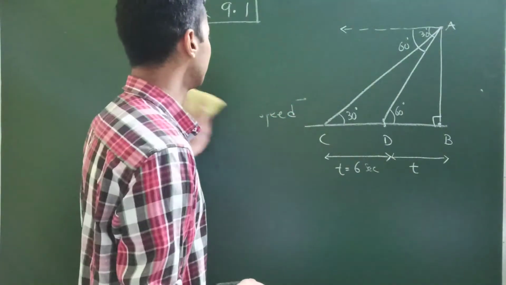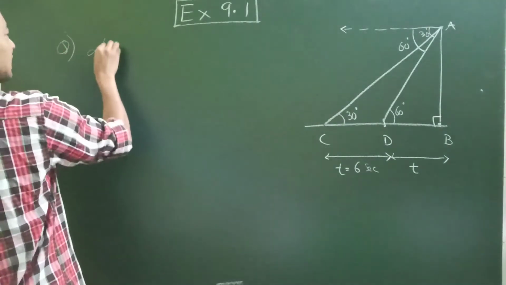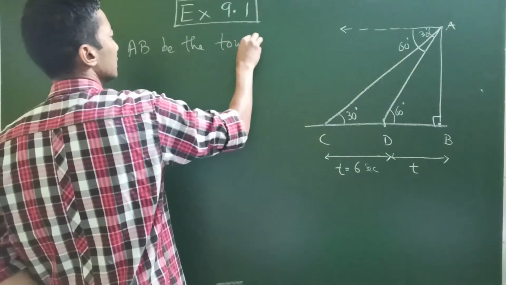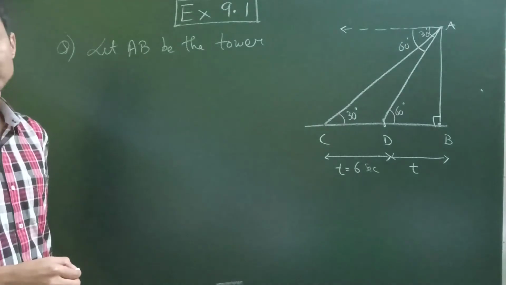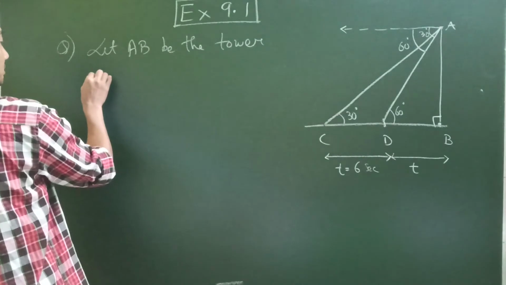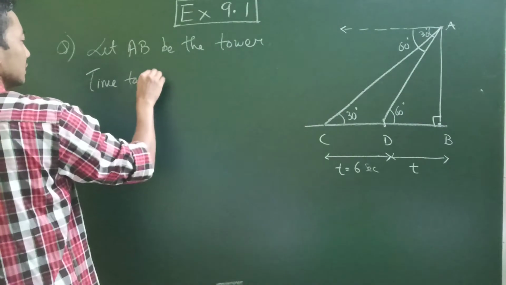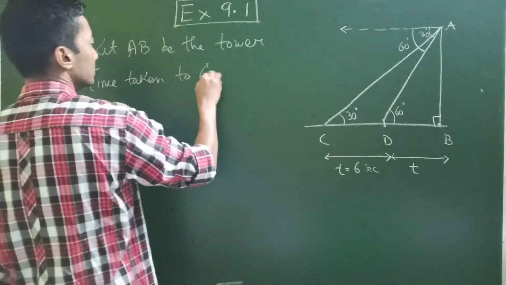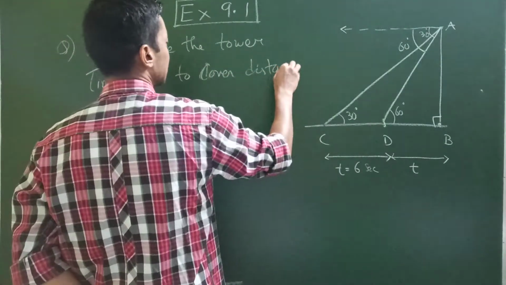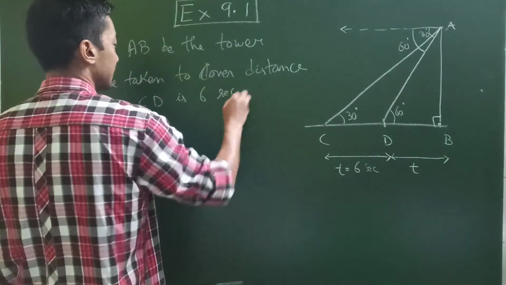Now let's explain the question a little bit. Let AB be the tower. Time taken to cover distance CD is 6 seconds.